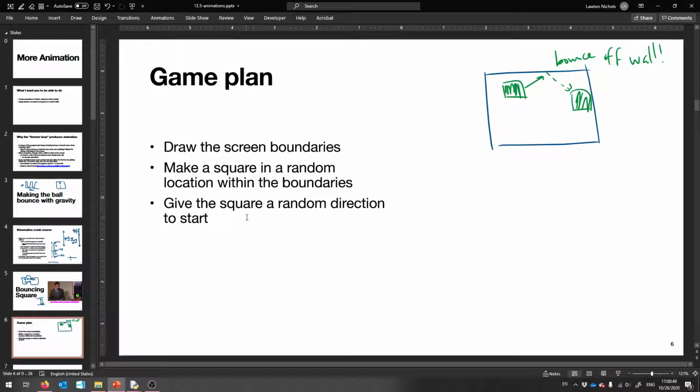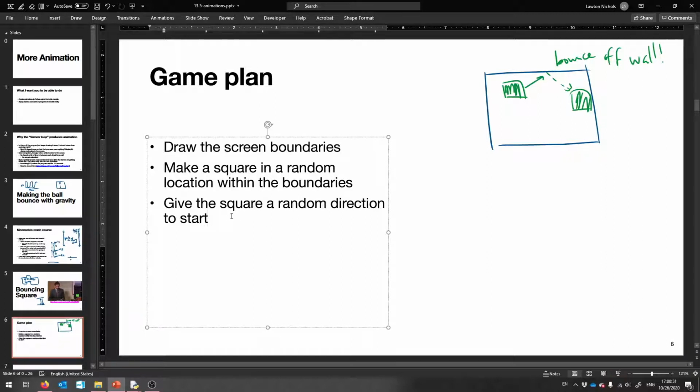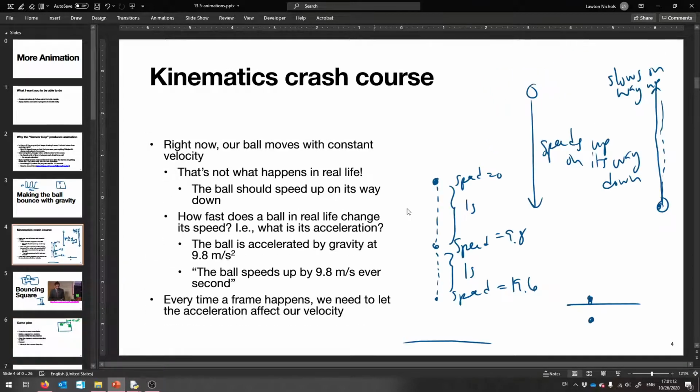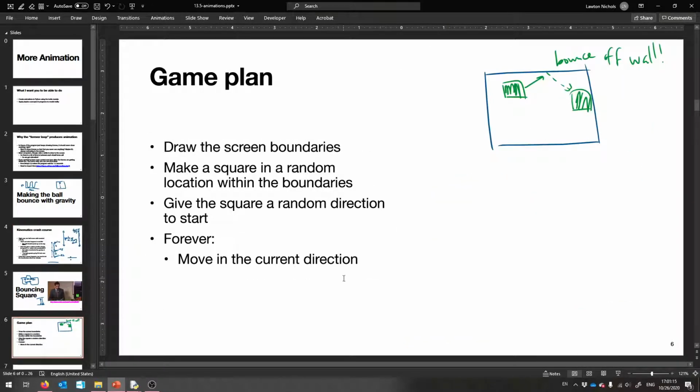So we need to give it a random direction to start, and it needs to move in that direction as long as possible. So forever, another forever loop, of course, because that's what animation is good for. Forever, we want to bounce off of the wall. We want to move in the current direction unless we hit a wall. This is very, very similar to our ball. It's just multiple directions now.